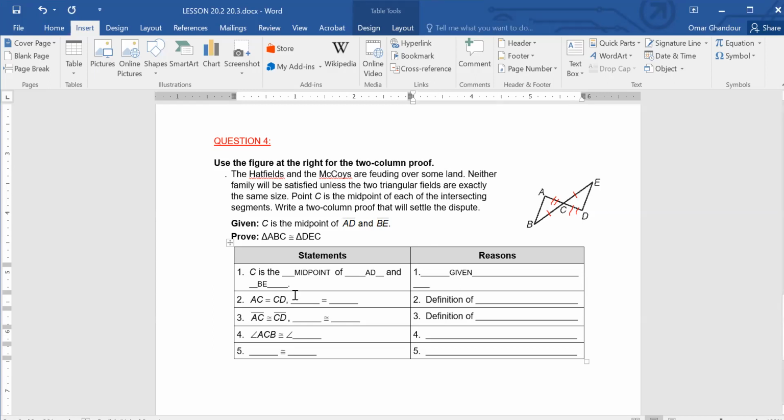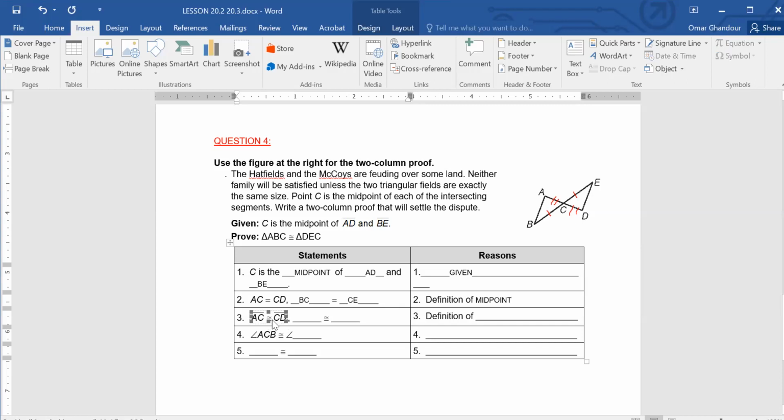Okay. So AC is equal to CD, and BC is equal to CE. Definition of what? Definition of midpoint. So AC is congruent to CD, and BC is congruent to CE.